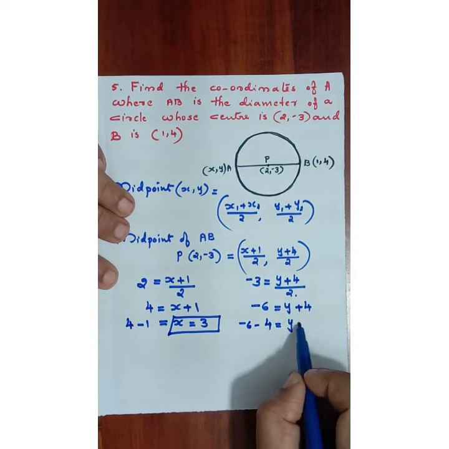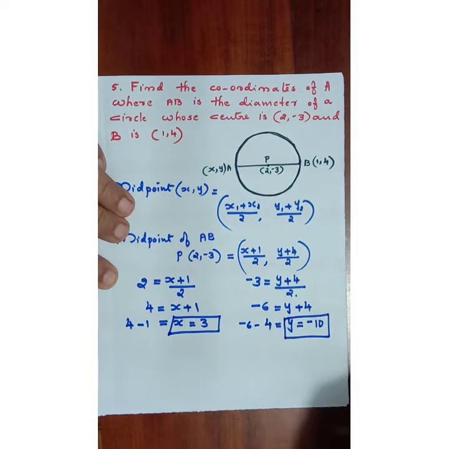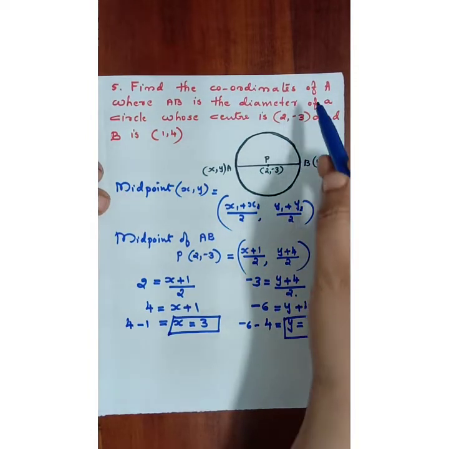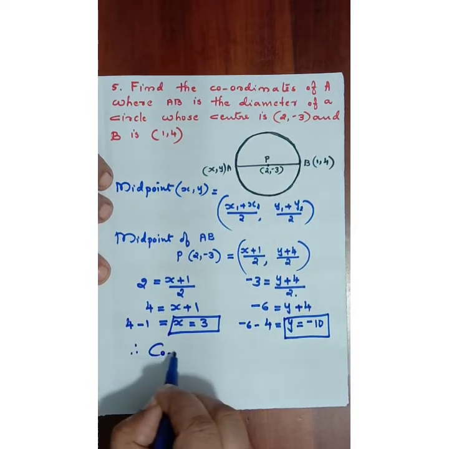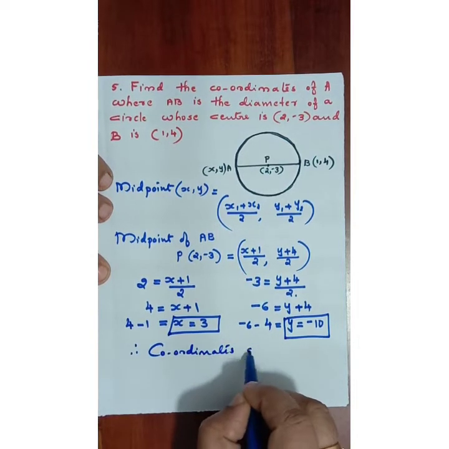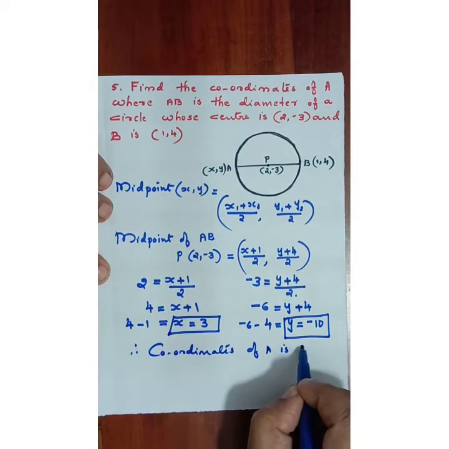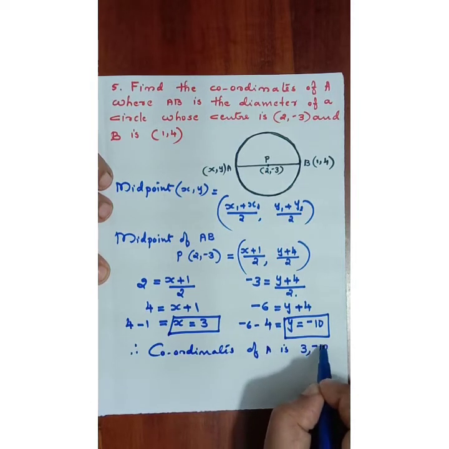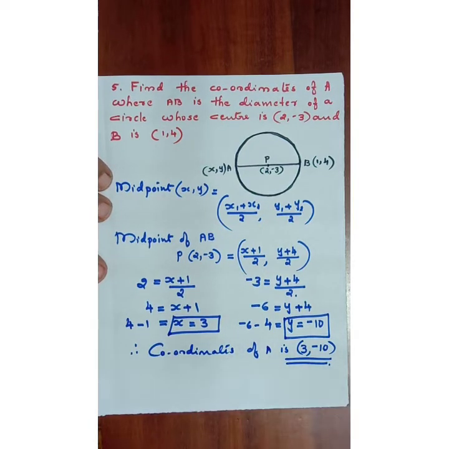What is the sum of this? It is negative 10. So what is our answer? Find the coordinates of A. Therefore, coordinates of A is x is 3, y is negative 10. This is how we have to write the answer.